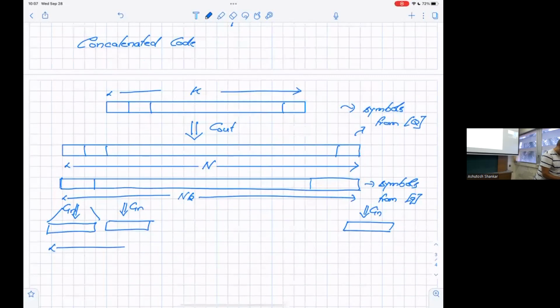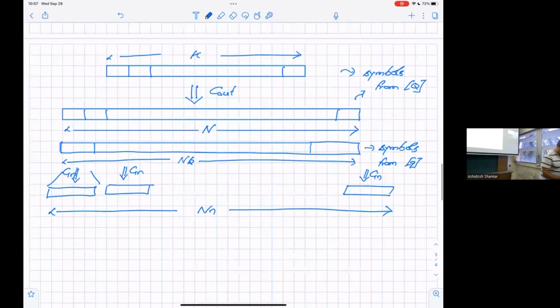The total one will now be n. Okay. So once again, let's look at the concatenated code C. What's the total number of code words here? What's the initial input? It's capital K times small k.